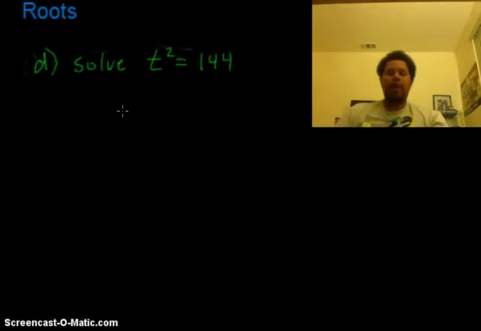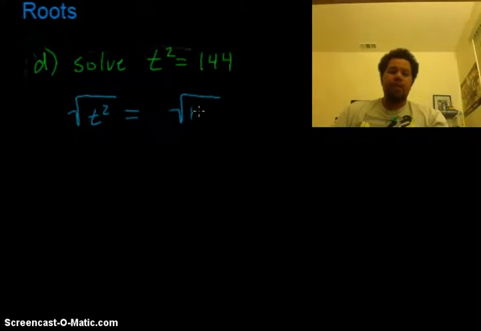Now in this problem we have an equation, t squared equals 144, and they want us to solve for t, meaning we want to get t by itself, but it's being squared. Well, squaring and the square root are inverses of each other, so we are going to apply the square root to the t squared on the left. Whatever we do to the left, we have to do to the right, thus giving us this equation, the square root of t squared equals the square root of 144.